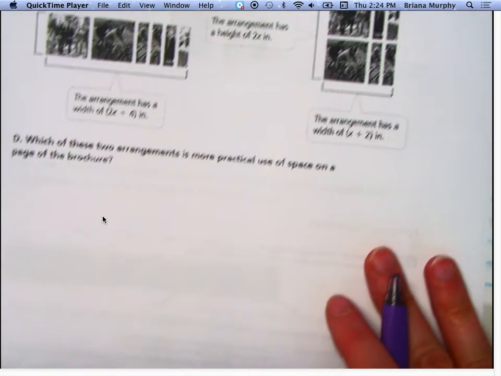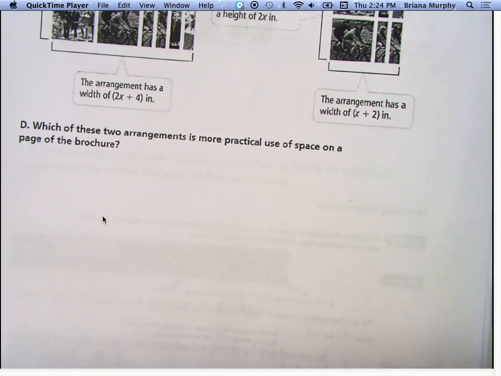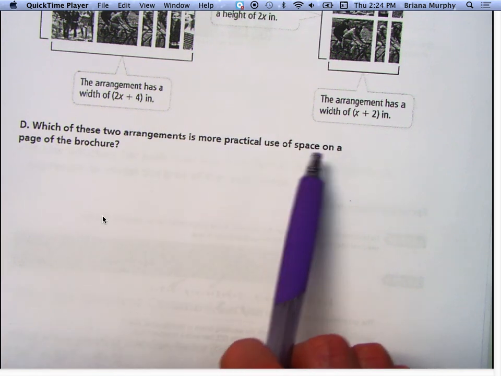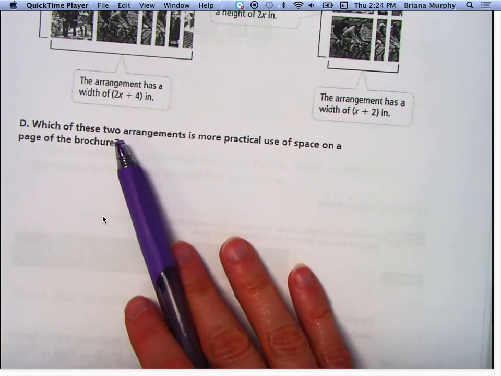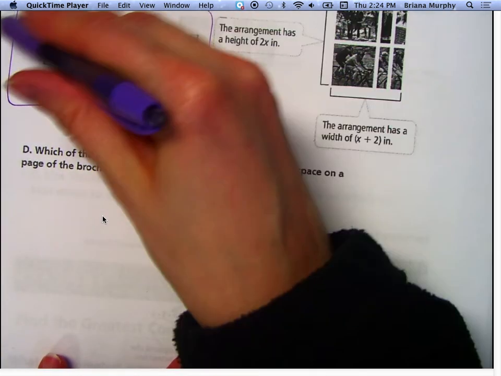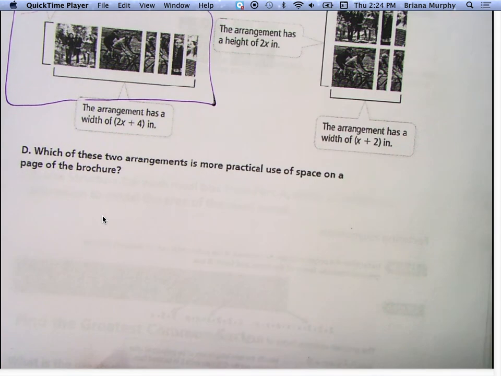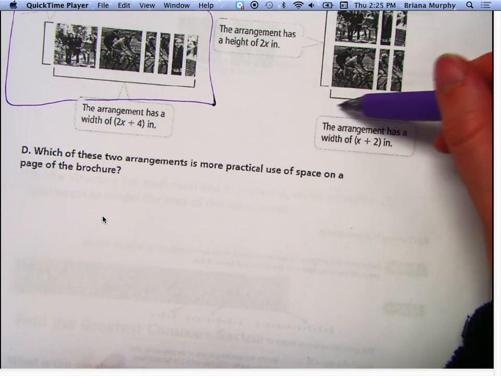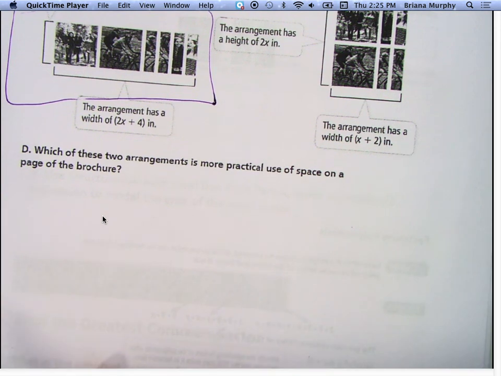Okay, let's do D and then we'll be done. D says, Elena's in charge, blah, blah, blah. Which of these 2 arrangements is a more practical use of space on a page of a brochure? Would I more likely use this one, x times 2x plus 4, or would I more likely use this one, 2x times x plus 2?